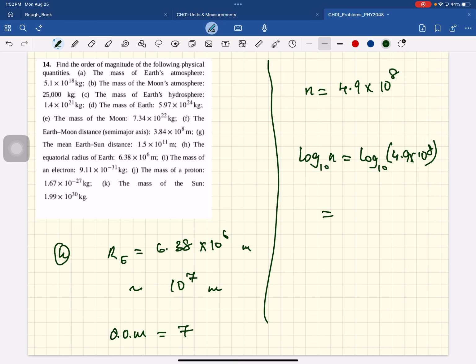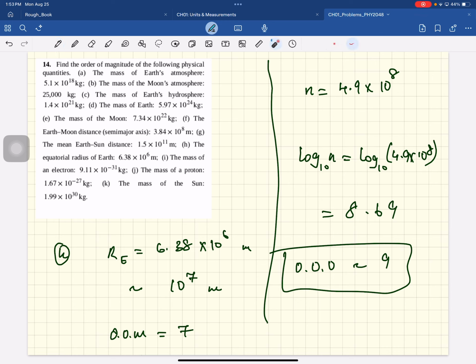This works out to 8.69. So the order of magnitude of this number really is 9. But anyway, for homework, we'll just do it quickly. We'll just round it to the closest power of 10, and that's how we'll do it.